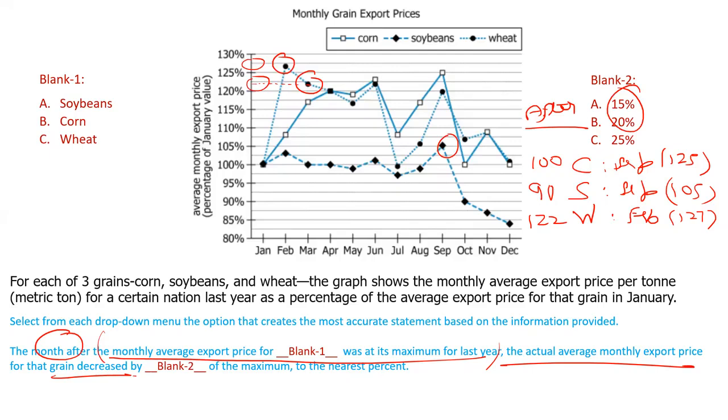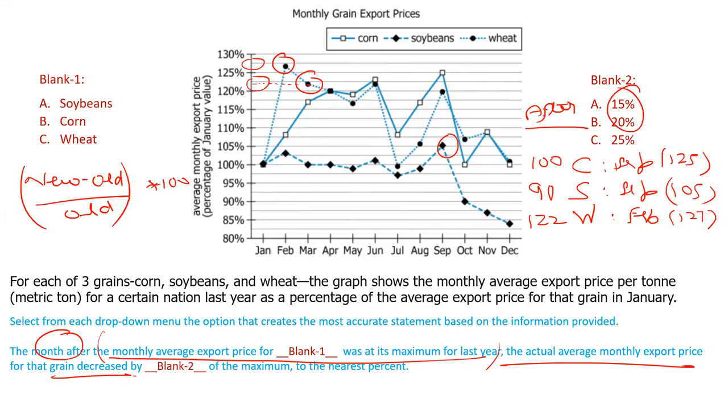Percentage increase or percentage decrease is always calculated as new minus old divided by old into 100. This is the standard formula for percentage increase or decrease everywhere, not just DI, but in maths in general.